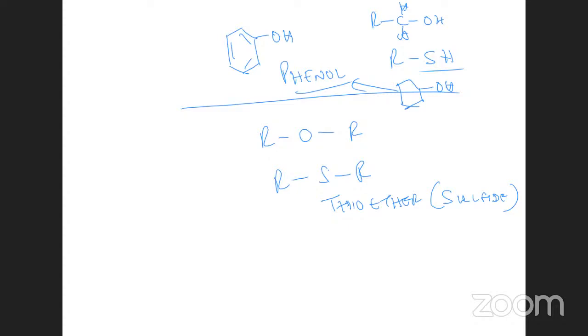Another heteroatom that could connect would be any halogen. I'll put X for anything like chlorine, fluorine, bromine. If you have F, fluorine, then you call them fluoro compounds. If you have bromine, you call it bromo.